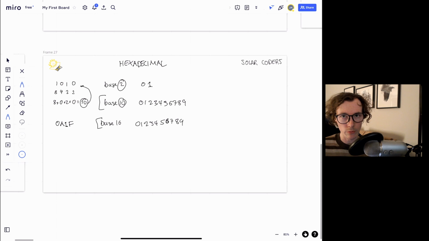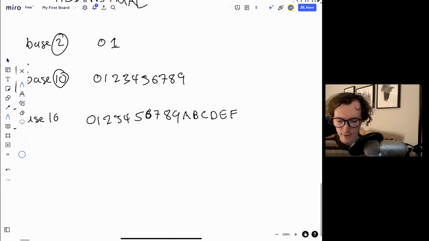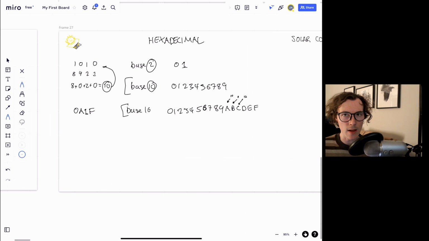So what you do to solve this problem is you start to use letters: A, B, C, D, E, and F, right? And so what is happening here is that A is actually representing the 10th digit, B the 11th, C the 12th, right? And once you understand that, hexadecimal numbers are actually very simple to understand.